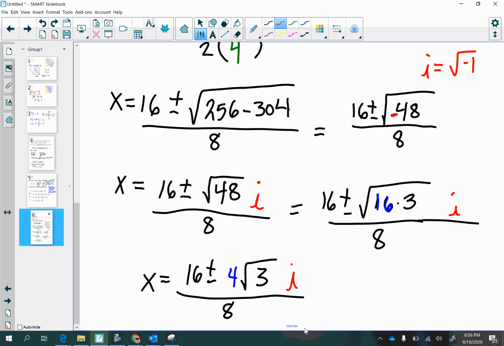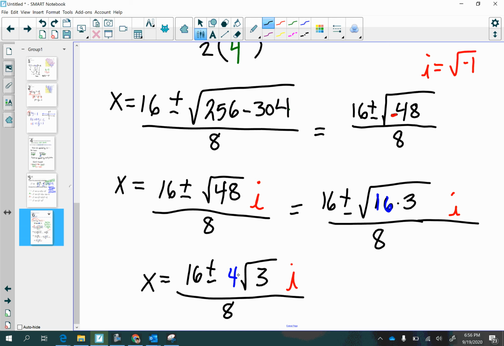And then we're down to one last step to simplify this, and that's looking to see if the two terms in the top have a common factor with the denominator, which they do, because all of these numbers, 16, 4, and 8, share the common factor of 4.